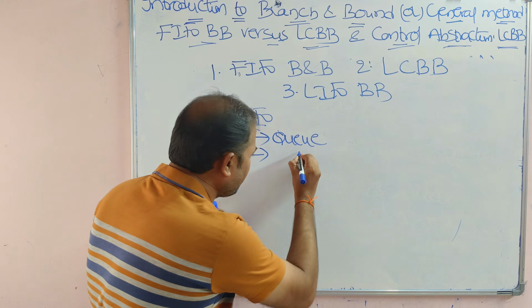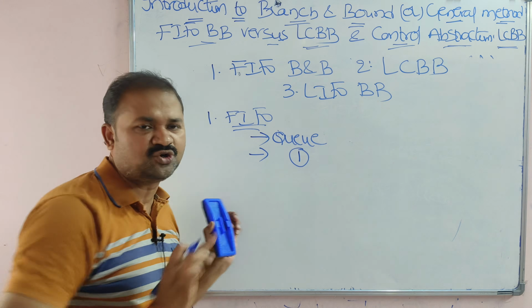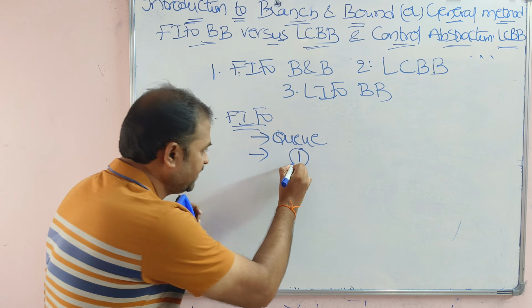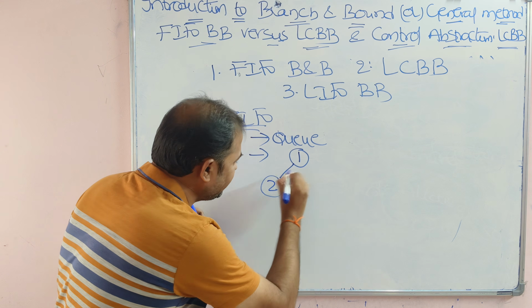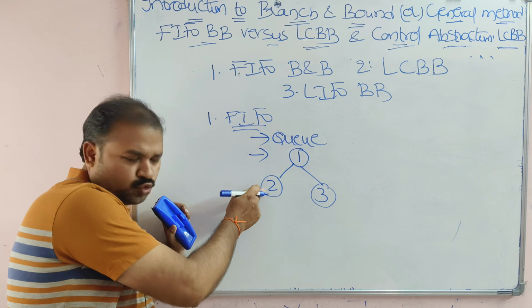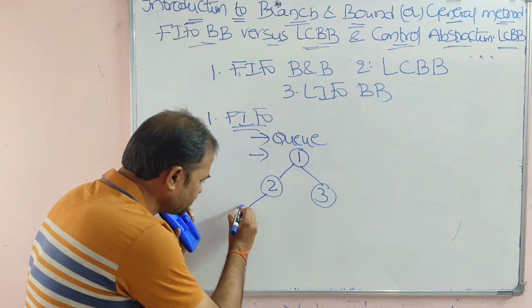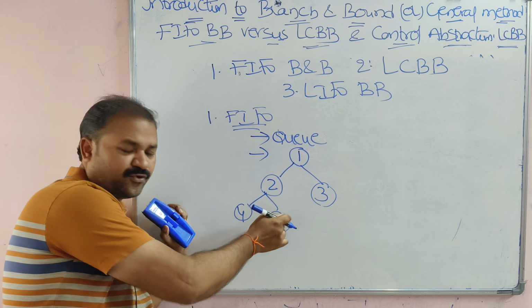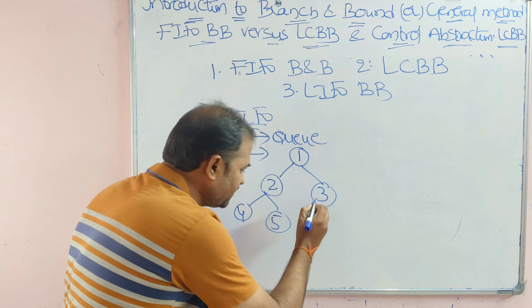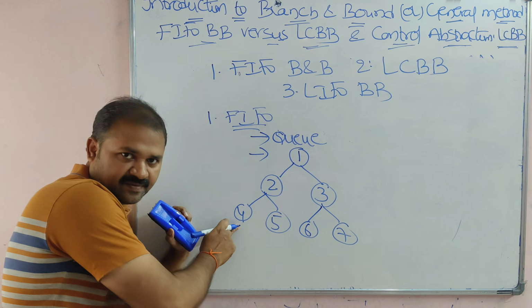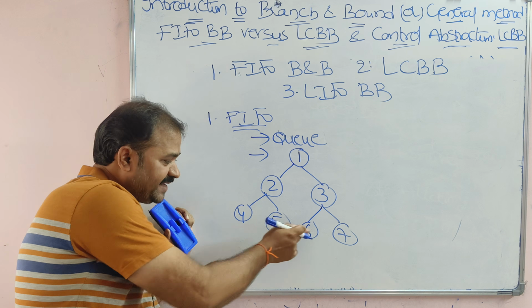Let me have a graph like this. Let the first node generated be 1, so first we explore node 1. Next, let 1 generate two nodes, 2 and 3. Node 2 is generated first, so we explore it first. After 2, node 3 is generated, so we explore that. Next we explore 4, 5, 6, 7.